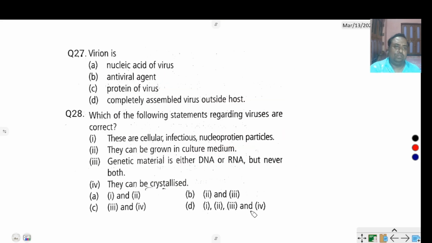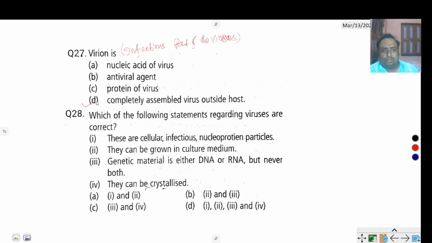Question 27. What is virion? Nucleic acid of virus, antiviral agent, protein of virus, or completely assembled virus outside the host. Virion is the infectious part of the virus.